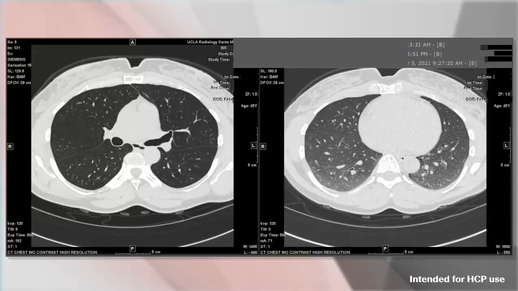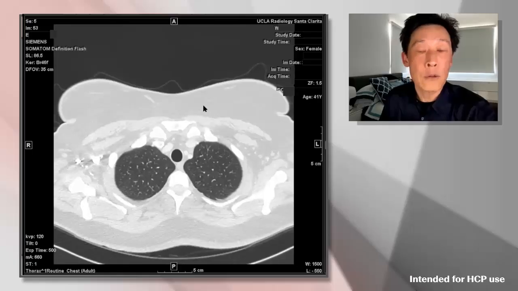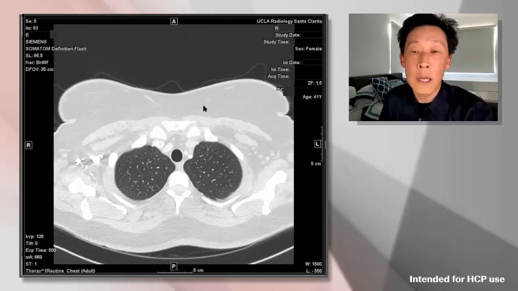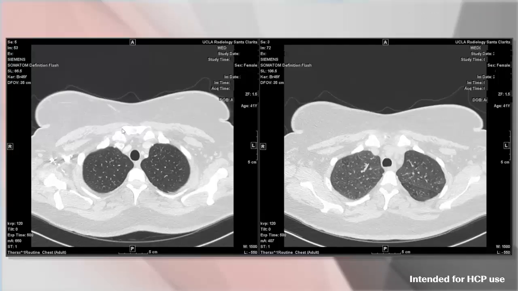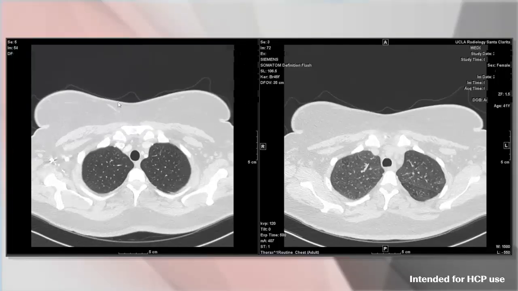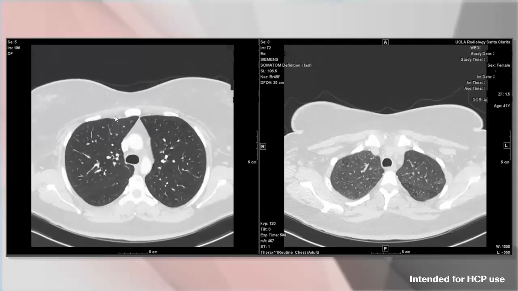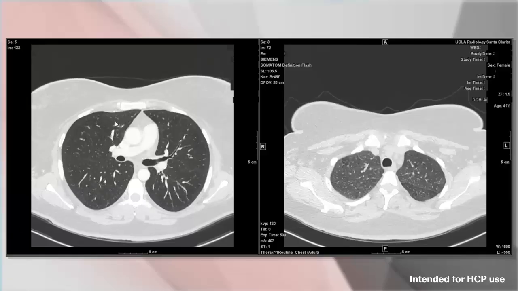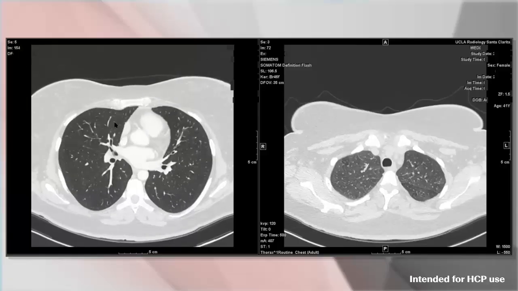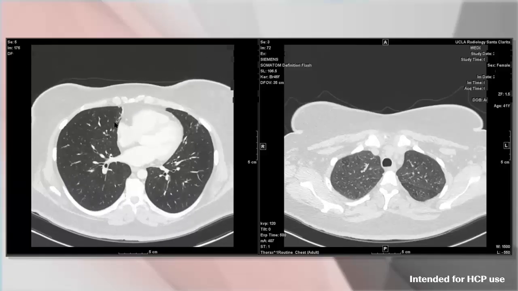All right, so let me compare and contrast what we saw as a normal expiratory sequence with an abnormal one. So here on your left, we have, again, inspiratory high resolution images. And I'm going to just scroll through this so that you can get a flavor for it.